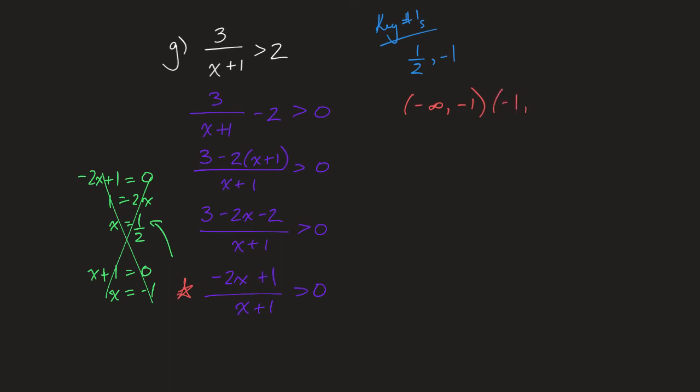Then I'm going from -1 up to 1/2. Then I'm going from 1/2 forever to the right. There's my number line broken up. The nice thing is when I was looking back at my inequality down here in purple, it was just a greater than symbol, so I didn't even have to worry about do I have square brackets or not.